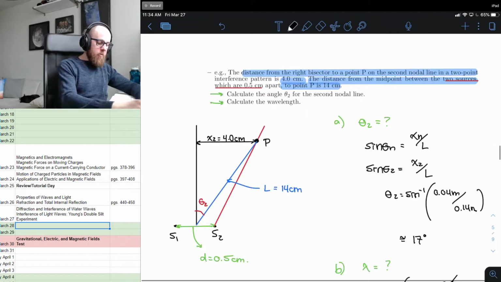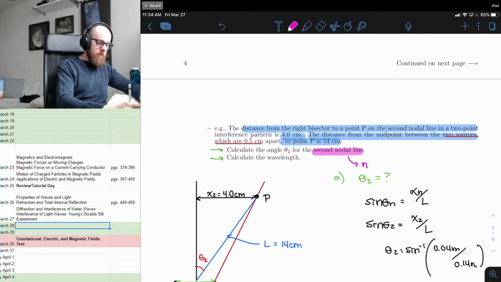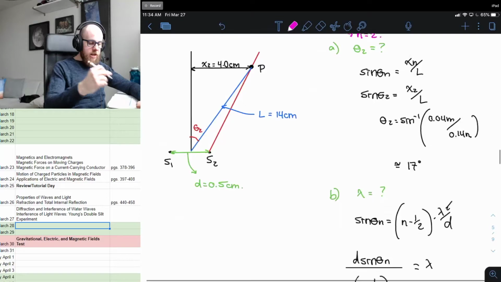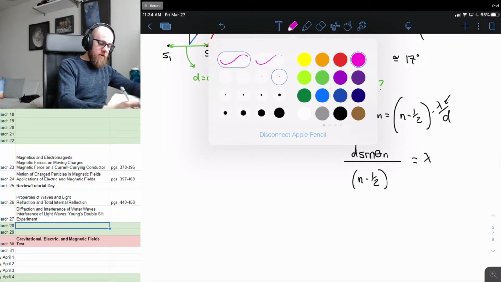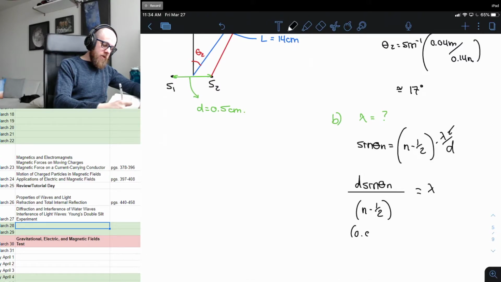Now in this case, because I'm on the second nodal line, my n value is equal to 2. n is equal to 2 because I'm on my second nodal line. So coming back to this formula, I can plug in all the things. d is 0.5 centimeters, so that's 0.005 meters.